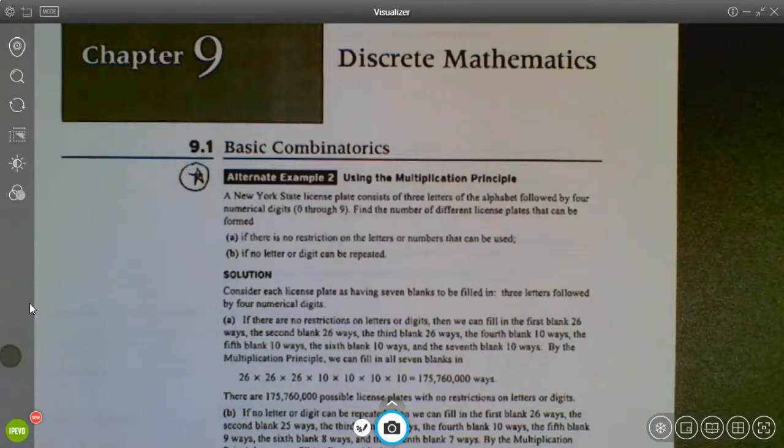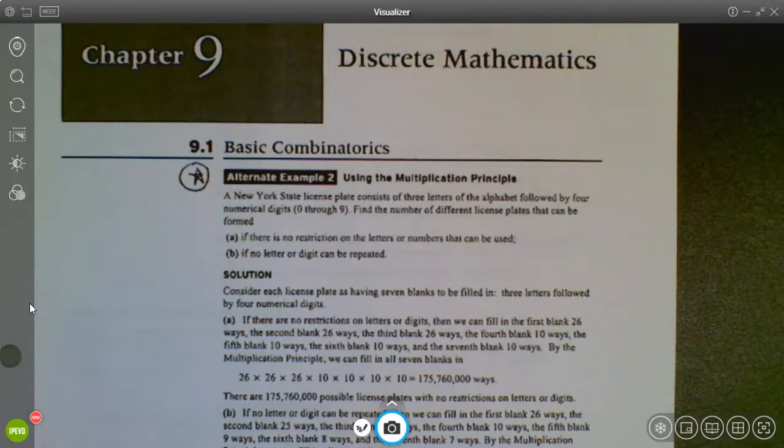Look at the first part, and this is where I want you to notice the difference in the wording. In part A, they're talking about no restrictions on the letters or numbers that can be used. In other words, you can repeat the letters and the numbers. They could be all 9s, all B's, all C's, whatever.